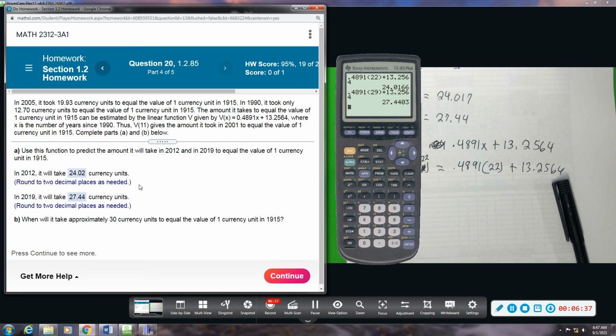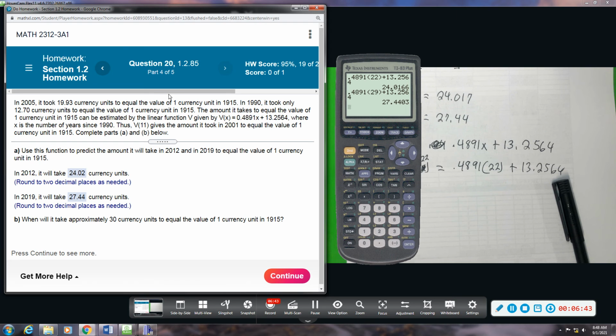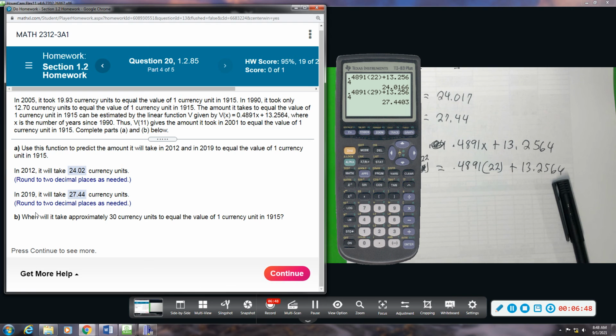Okay, so we have one more part. It says it was 5 parts, and now we're already on part 4. Not really sure what the other parts were. Okay, so when will it take approximately 30 currency units to equal a value of 1? So now we're looking for the answer to be 30.